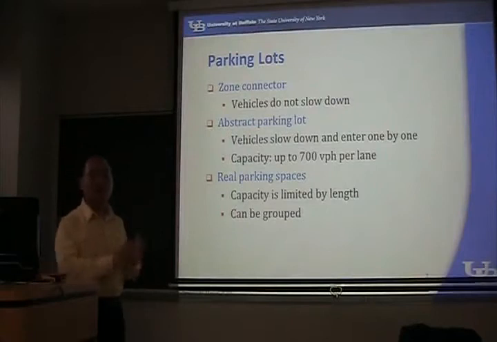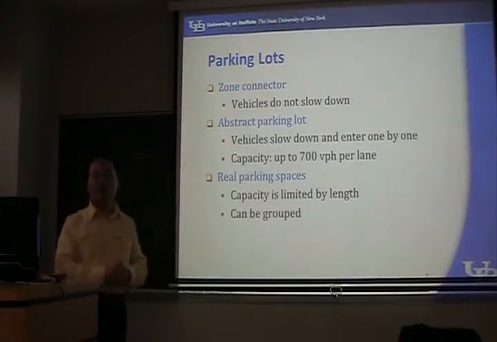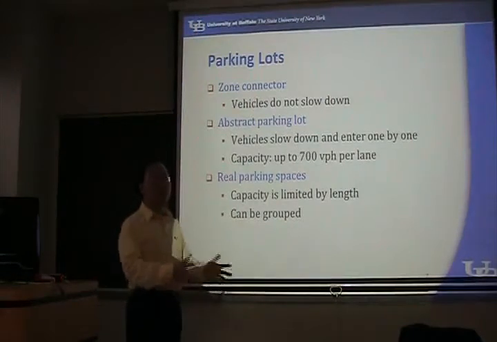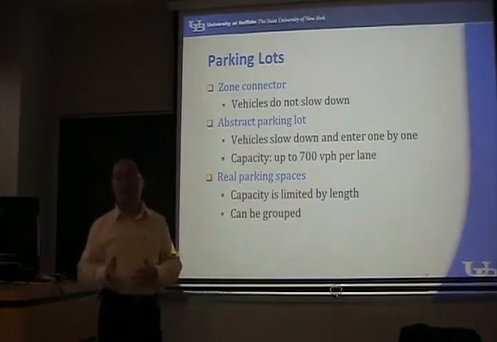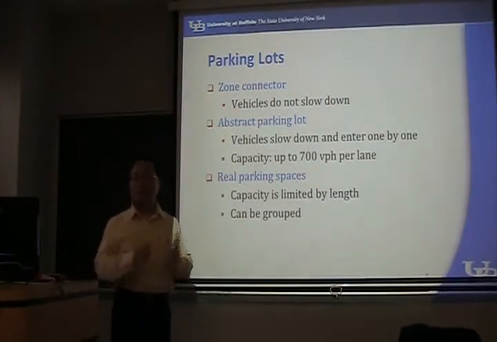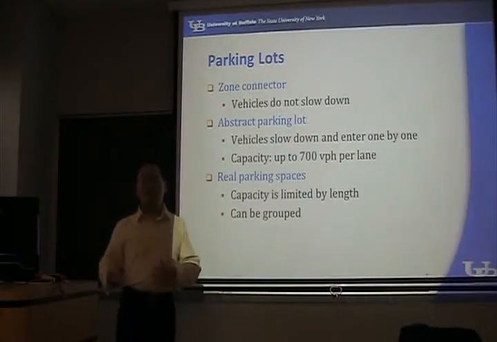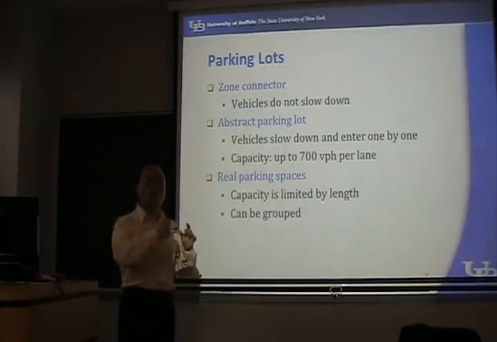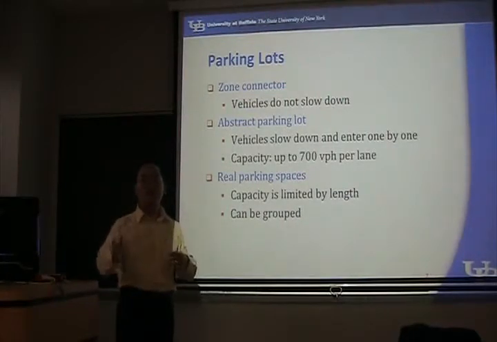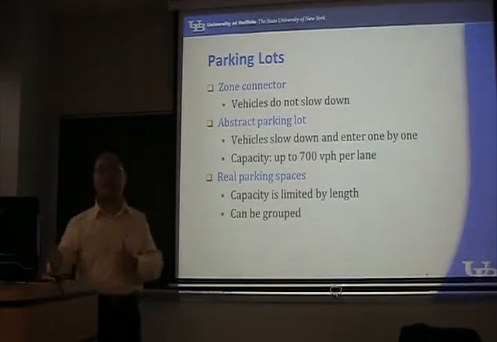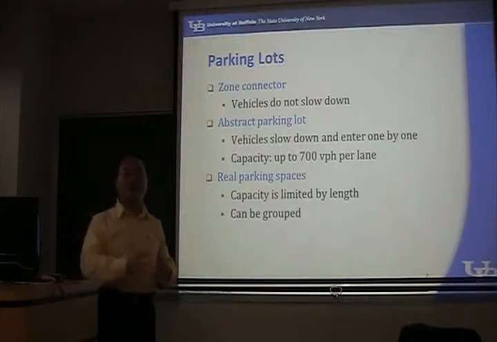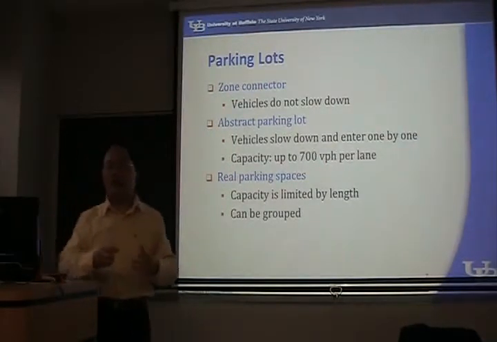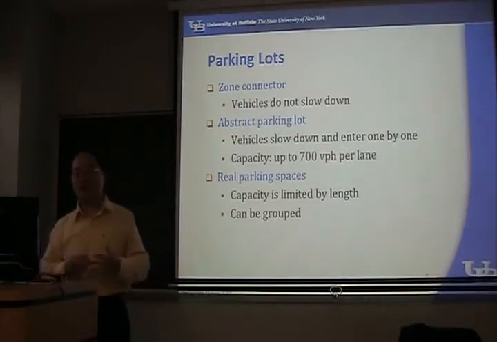The third one is called the real parking spaces. So real parking spaces is like roadside parking spaces, and the capacity of them is not defined by you, but it's limited by the length. So you will see it on the network, and you can calculate the length, and the length divided by the length of vehicle can be roughly used as the estimation of the capacity.